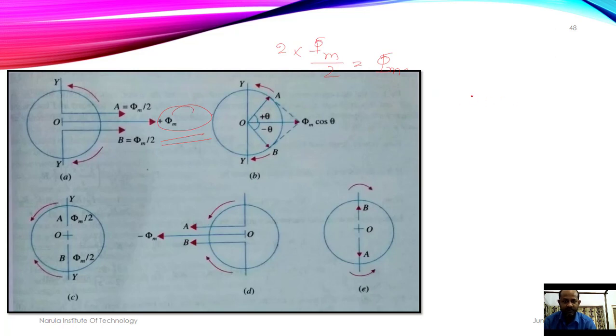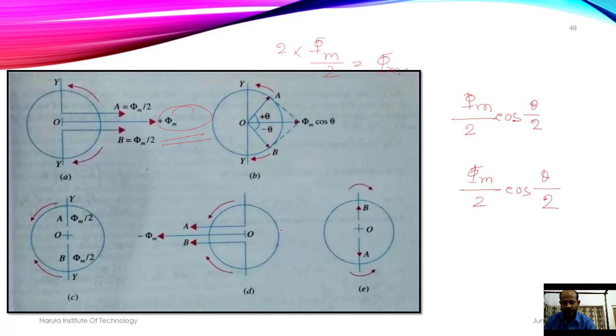So one is phi m by 2 cos theta by 2 and another one is phi m by 2 cos of minus theta by 2, which is cos theta by 2, right?